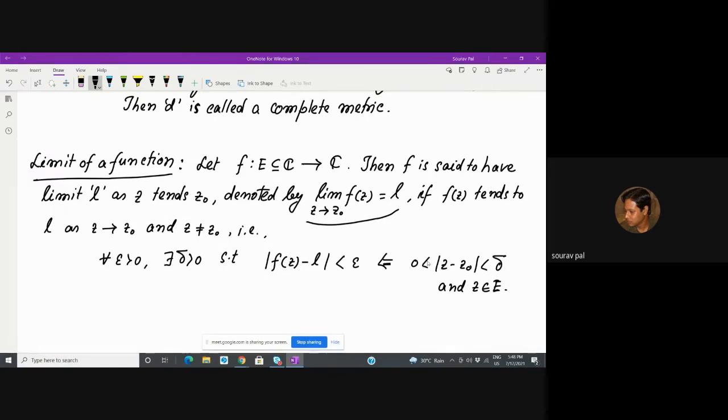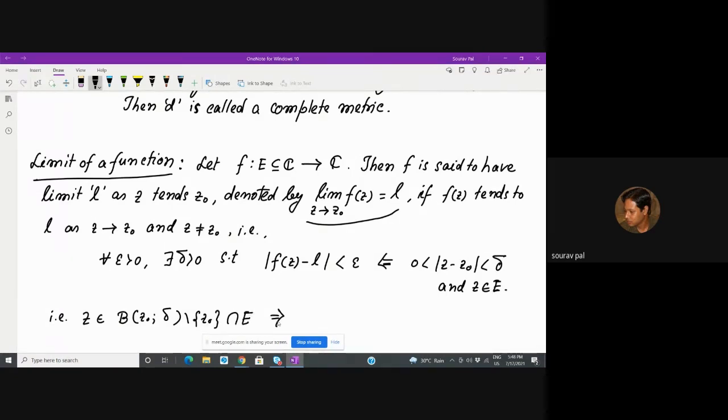Whenever this is strictly greater than 0, that means z is not equal to z naught, so the center is removed. So z belongs to this disk with the center removed, intersected with E, because z belongs to E also.